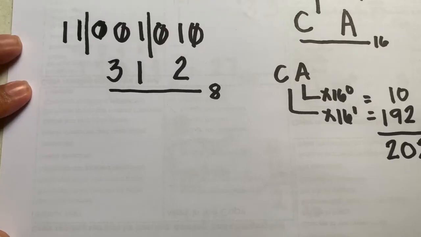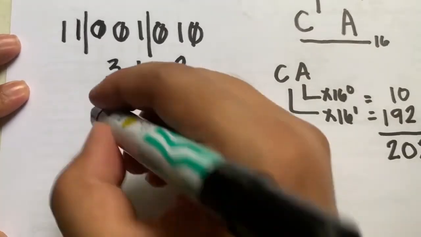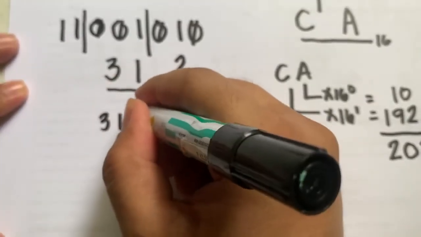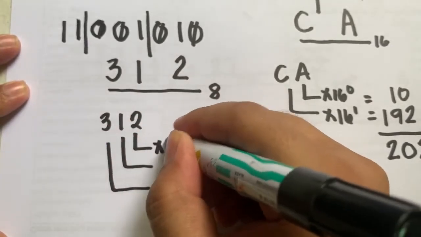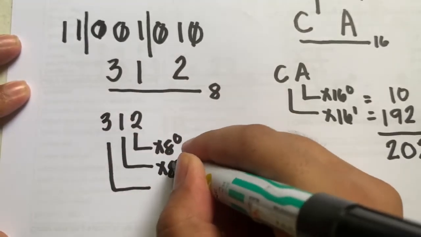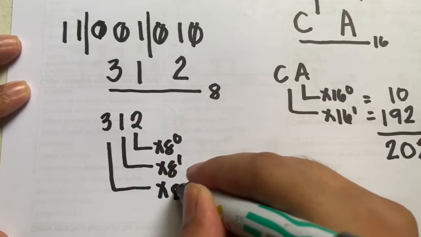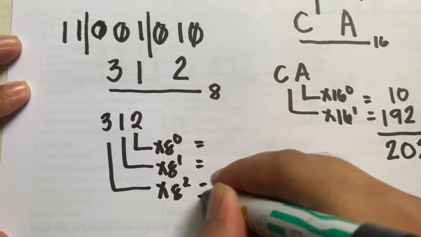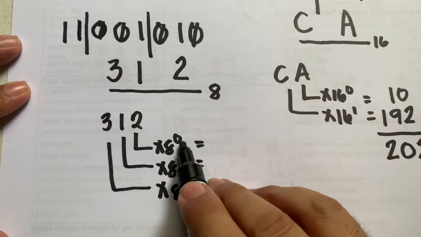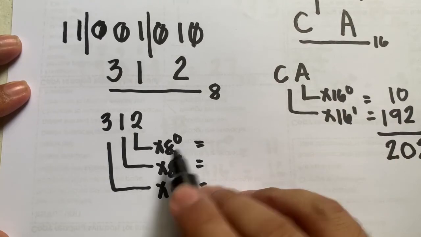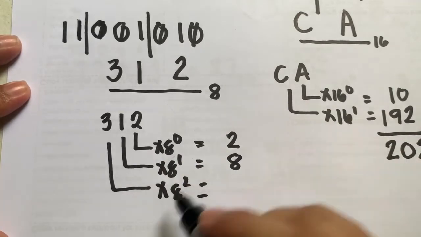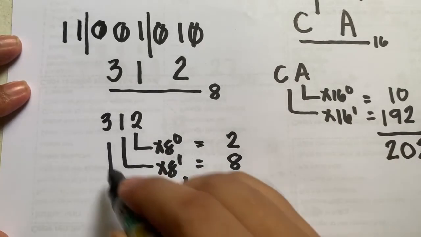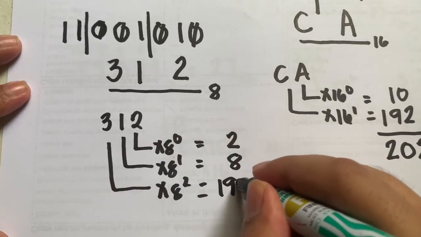Now if you want to use the octal equivalent, you can simply multiply it by exponents of 8, since we are using the octal. So 8 raised to 0, 8 raised to 1, and 8 squared. 8 raised to 0 is 1, times 2 is 2. 8 raised to 1 is 8, times 1 is 8. 8 squared is 64, times 3 is 192.